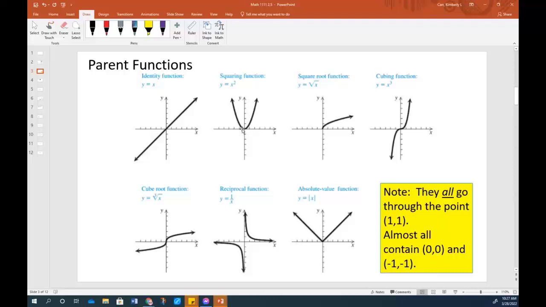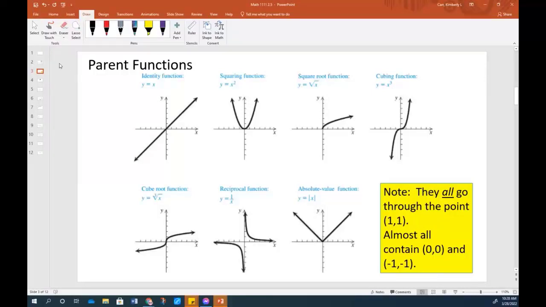If I plugged in a negative 1 to x squared, it would just simply make it positive again. The square root of negative 1 is not a real number that we can graph on a real number system. And if I plug a negative 1 into the absolute value, it becomes positive again. But all of them do contain the point (1, 1).